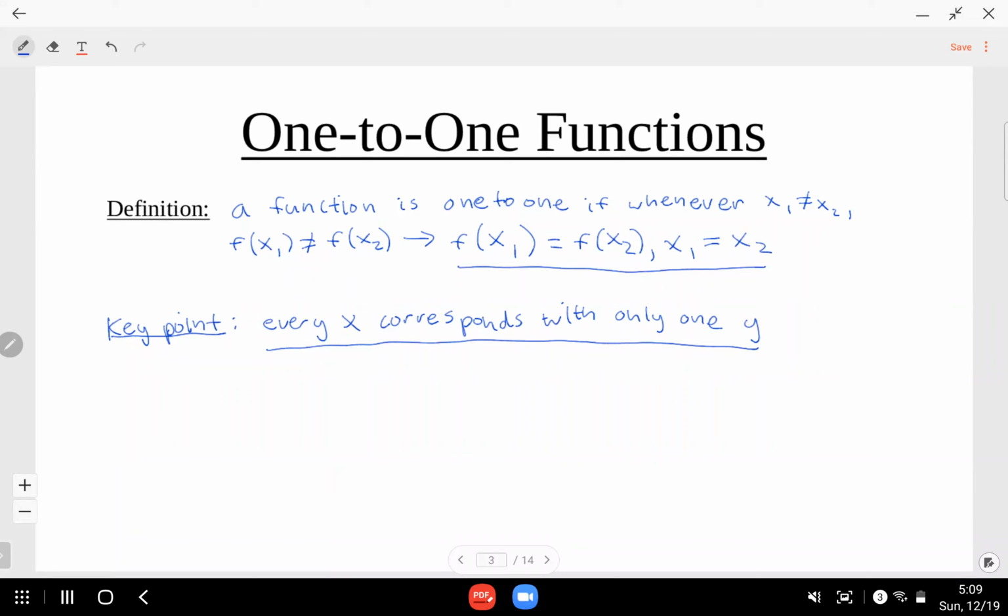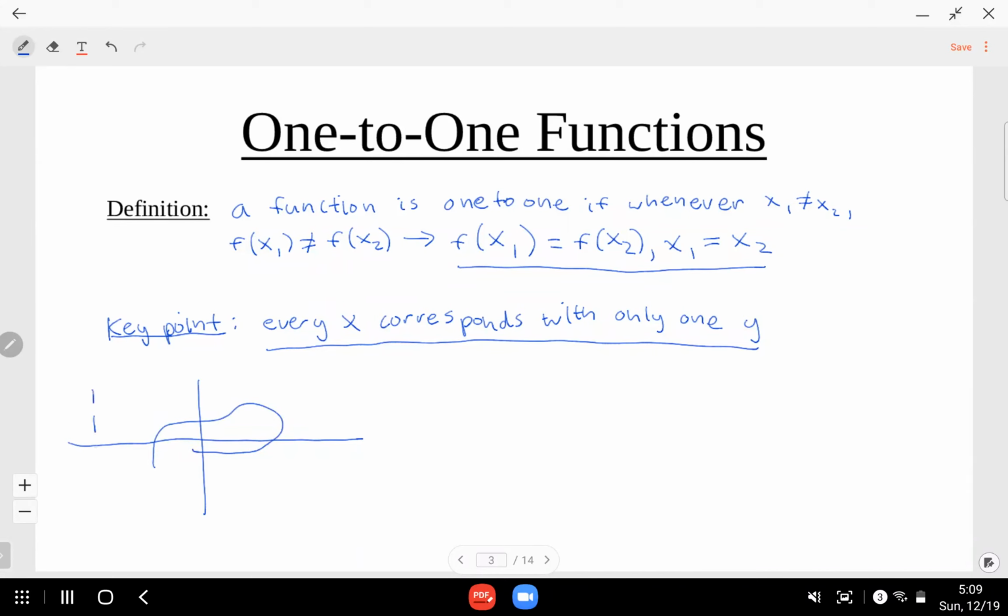All right, and how do we test if a function is one-to-one? So we know the vertical line test, right? If you want to test a function, we use the vertical line test. So something like this would not be a function, right?